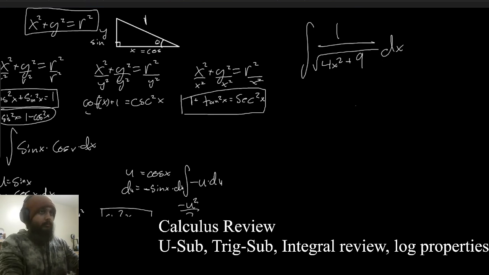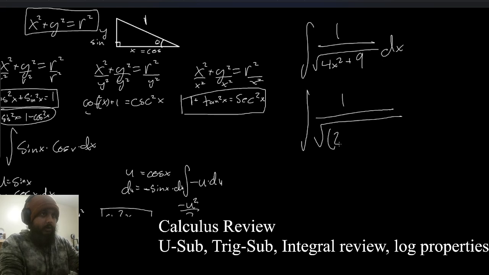So we're going to have x equal to, according to this, tangent. But actually, let's factor this out. So it is 1 over the square root of 2x squared plus 3 squared.